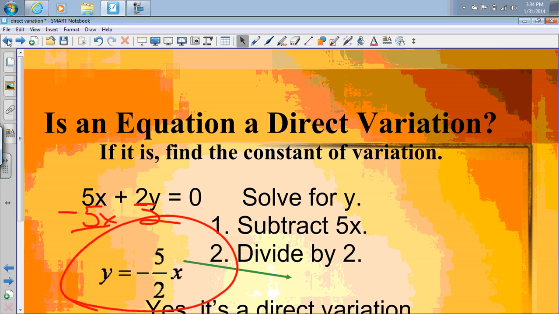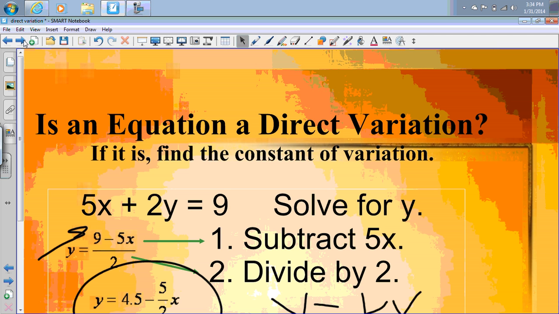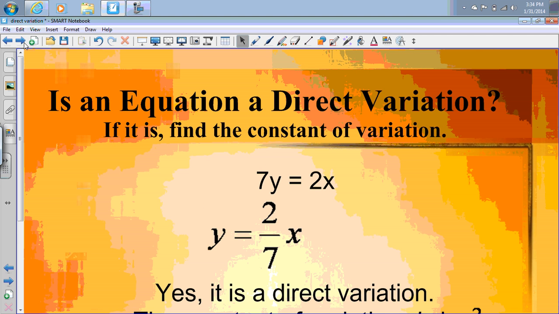Notice in our first one, it equaled 0. In our second one, it equaled 9. So, if it equals 0, it's going to be a direct variation. If it doesn't, it won't.